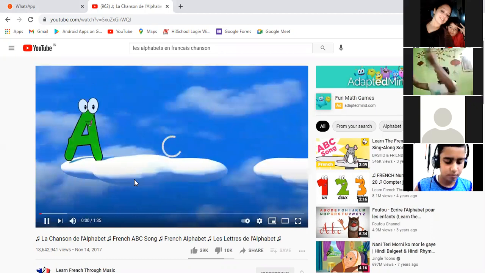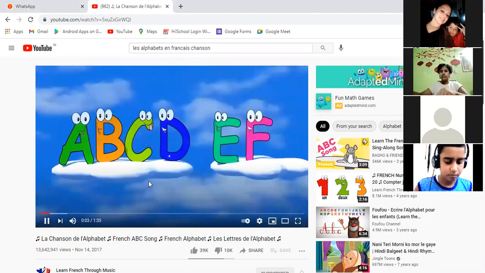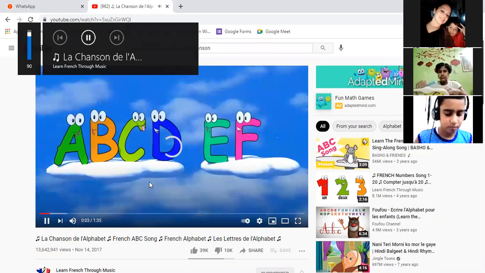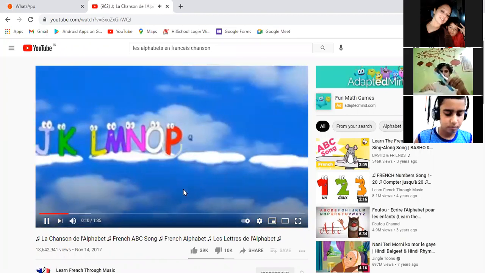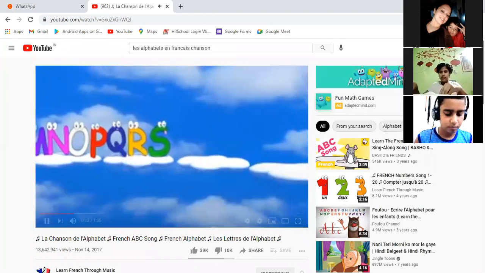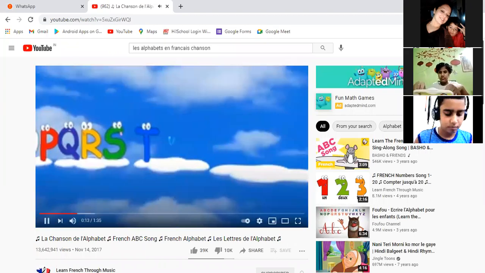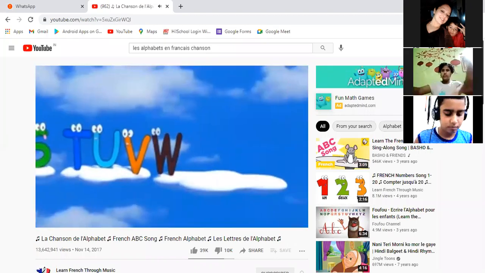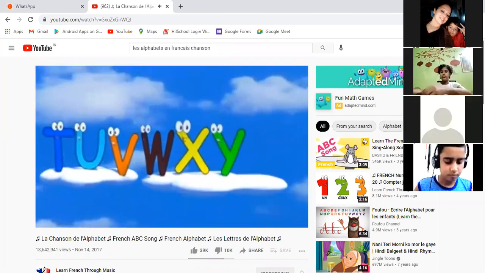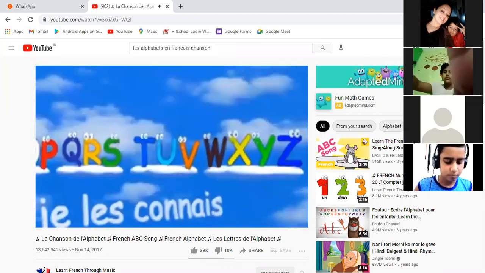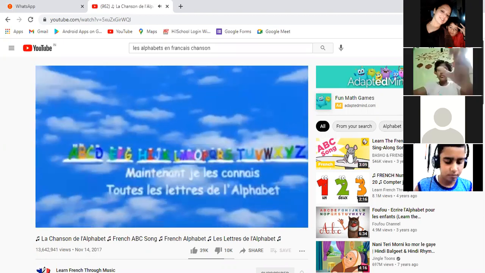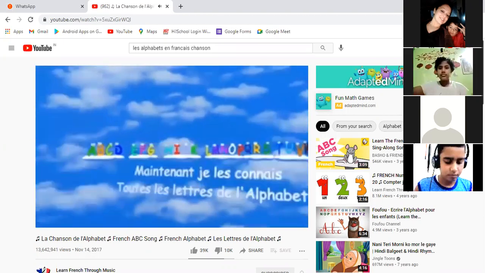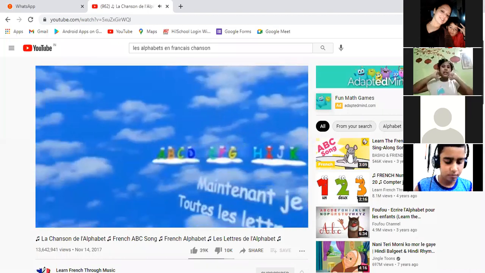A, B, C, D, E, F, G, H, I, J, K, L, M, N, O, P, Q, R, S, T, U, V, W, X, Y, Z. Maintenant, je les connais, toutes les lettres de l'alphabet.